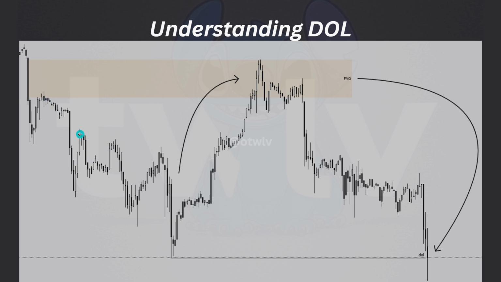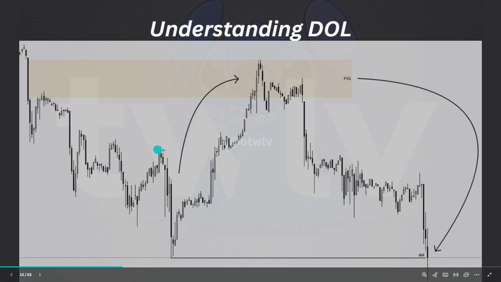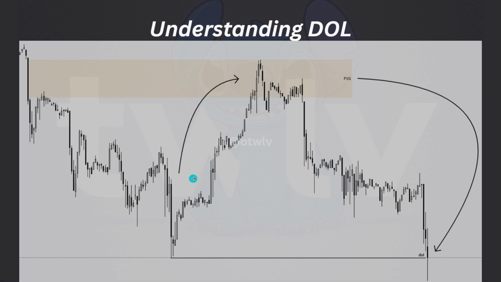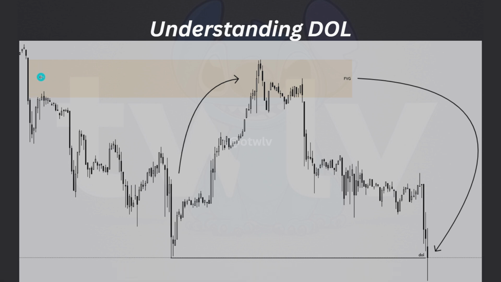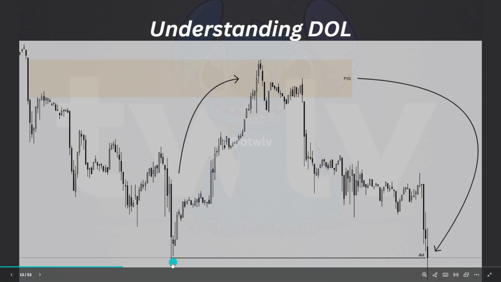So price is trending down, and if I draw lines out, it's creating all this draw for price to come up and run all these swing failure swing highs. Okay, so then we create a swing low, come up into what? The fair value gap, internal range, because all this is internal liquidity, to then come back and sweep the external range.